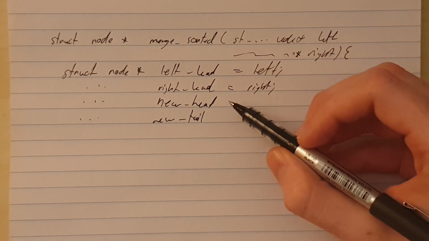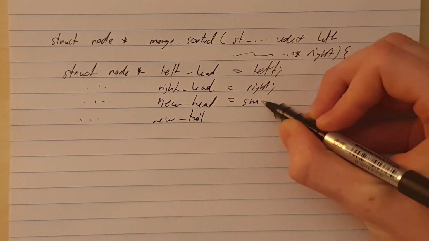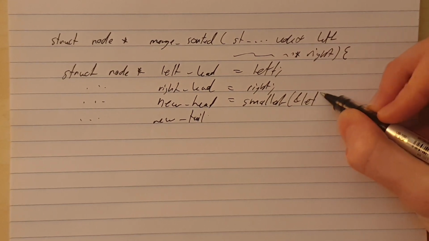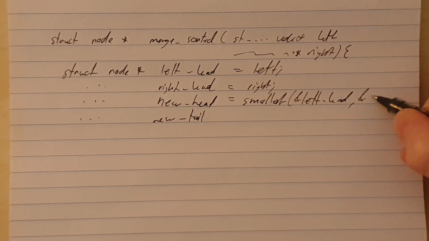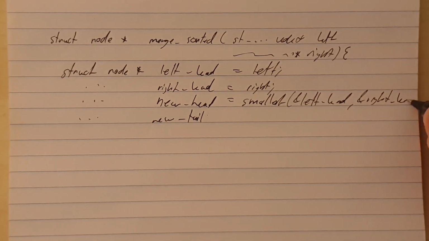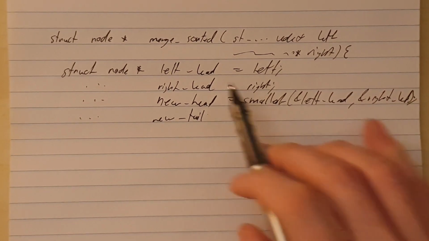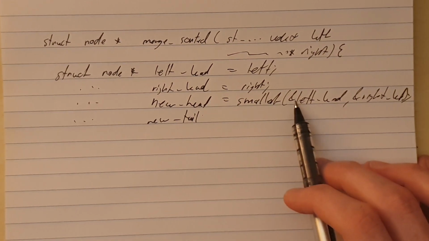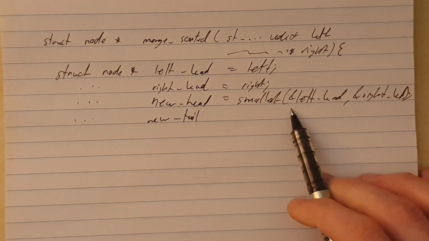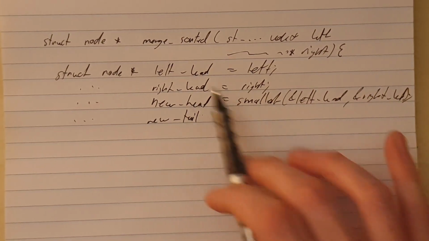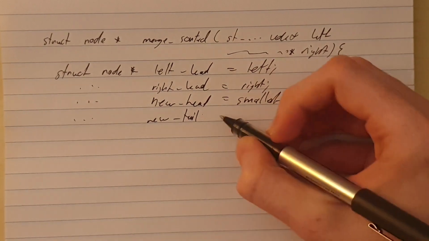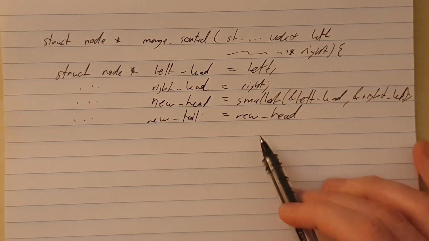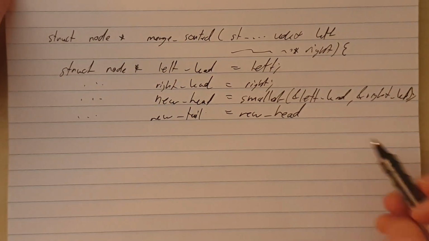Okay, so new head, I might just immediately say this is the smallest of left_head and right_head. Remember that smallest might update the values of my left and right cursor. So I need to pass by reference. I need to pass in the address of the pointers. Should be a common idiom for you here. It's like every time this might change that, you got to pass by reference. And then new tail is going to be new_head to start with, because there's only going to be one node in the beginning.